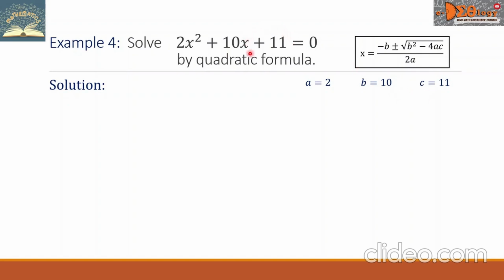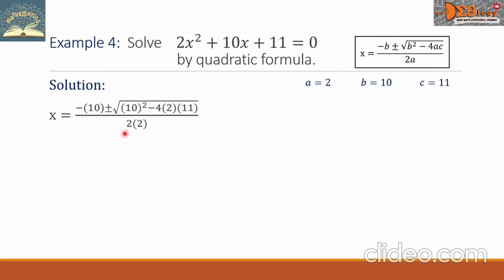And the c is the constant 11. Then we substitute the values a, b, c in our equation. So we have x equals the negative of 10 plus or minus the big square root 10 squared minus 4ac, and that is 4 times 2 times 11 all over 2a, that is 2 times 2.